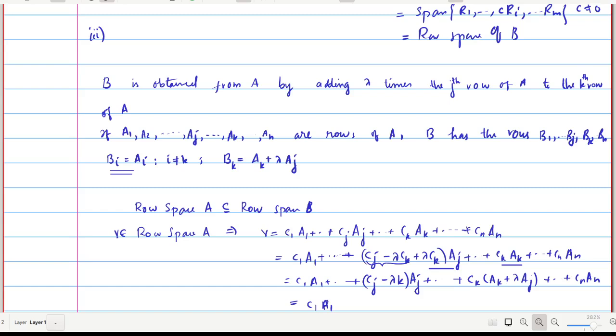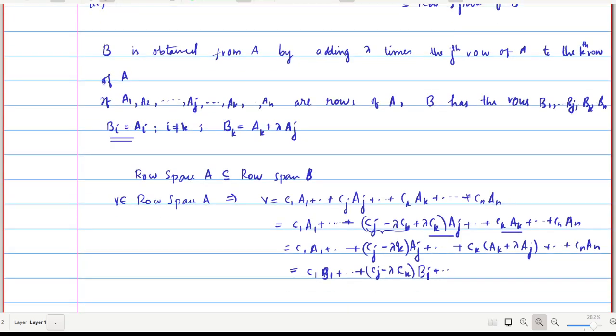So we replace A1 by B1, plus etc., and we write Cj minus lambda Ck times Aj, which is Bj, so in the jth position we have Bj itself, plus etc., plus Ck times, and this can be replaced by Bk. In the kth position we have this row, so this is our Bk, plus etc., Cn, and this An is our Bn.